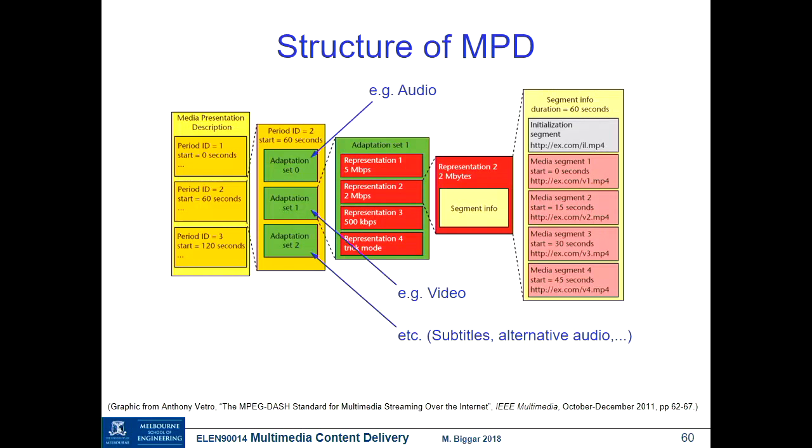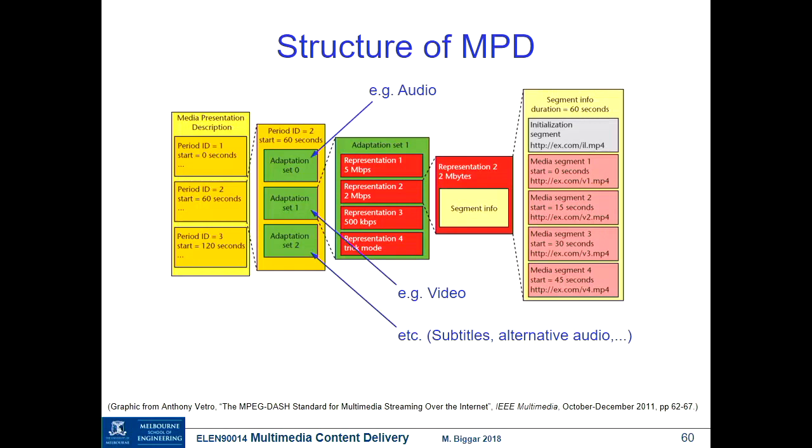So one would be for audio, one would be for video, one would be for subtitle text or something like that. So as we work through this file at the client end, we say, okay, for this period I have these different media available. Which ones am I taking and at what bit rate? Because in each of these adaptation sets we see there's a 5 megabit per second version and a 2 megabit per second version. The media data, by the way, doesn't have to be here.